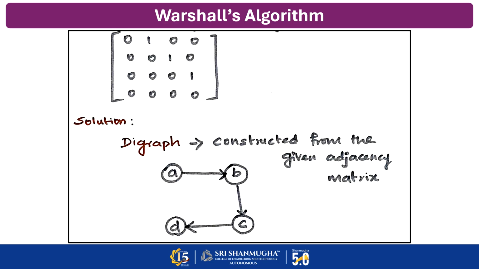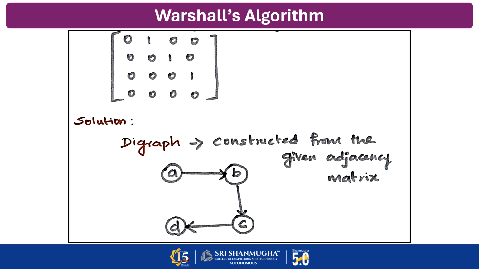What is meant by transitive closure? It is actually a Boolean matrix. Matrix in the sense the values will be either 0 or 1. That means we are going to construct a graph. So if the value is 0, that means there is no connection.